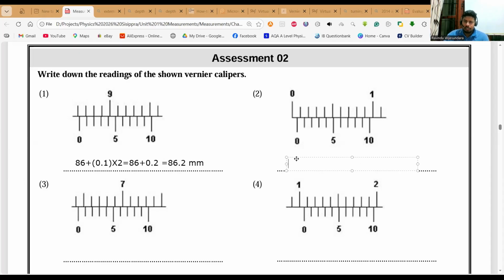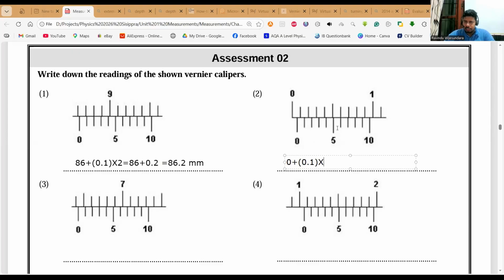If you go to the second one, you can see clearly the main scale reading is actually 0, right? The vernier 0 has passed only the 0 mark. Therefore, the main scale reading is 0 plus the least count 0.1 multiplied by the number of vernier divisions coinciding with the main scale. You can check one by one. Oh, here.